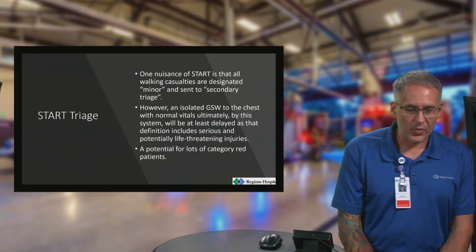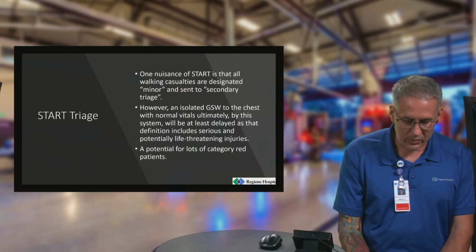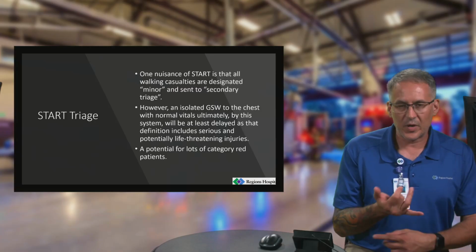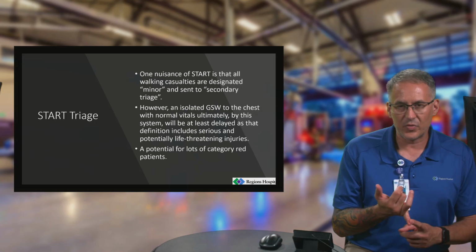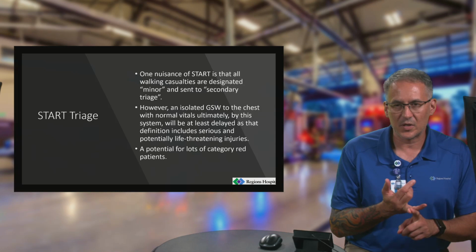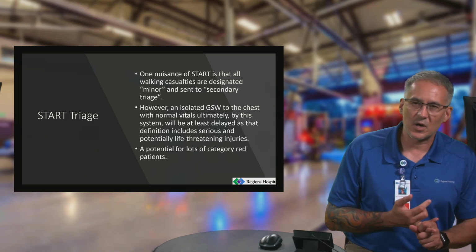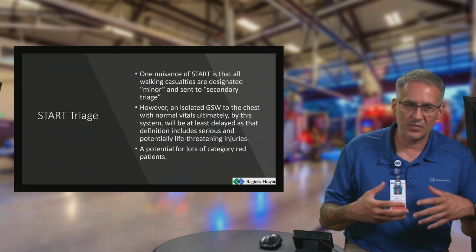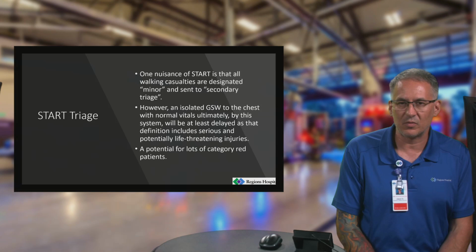So the whole concept of START, just to do a real quick review, was we're looking at respirations, perfusion, and mentation. Respirations, if they're over 30 a minute, they're red. Perfusion, do they have peripheral circulation? The initial version of START was capillary refill, which was designed in California. Cap refill works great because it's a very temperate region year-round.